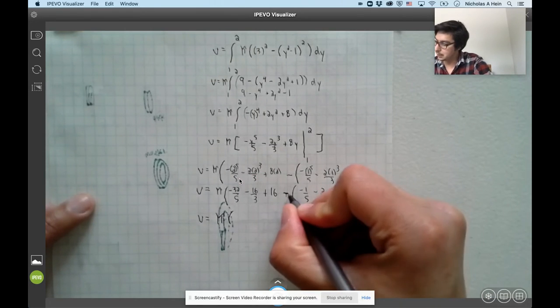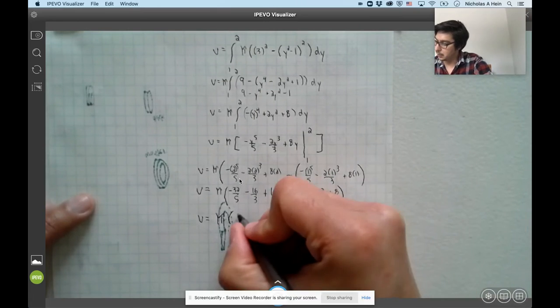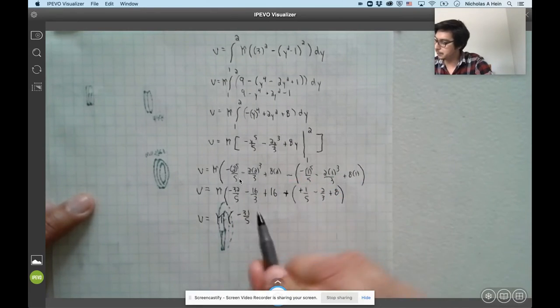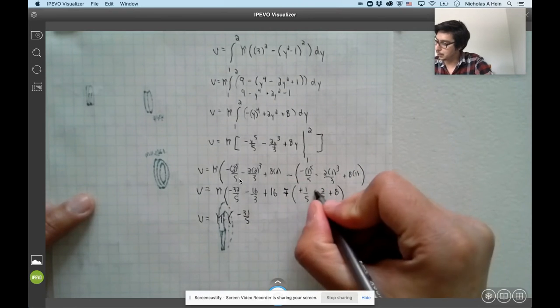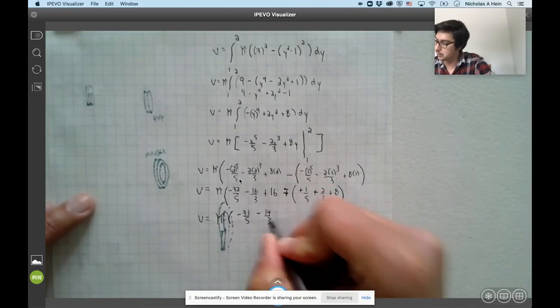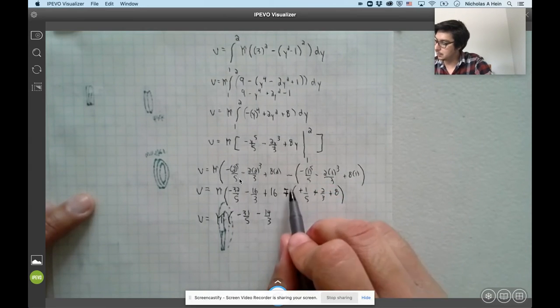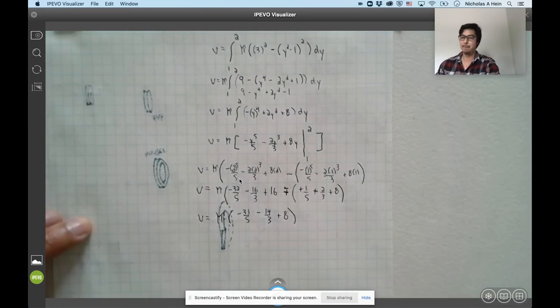That would make that plus a fifth. So that would make negative 31 fifths. 16 thirds, and that was a minus. Minus would make that a plus. So negative 16 thirds plus 2 thirds would be negative 14 thirds. And then 16 minus 8 is 8. Okay.